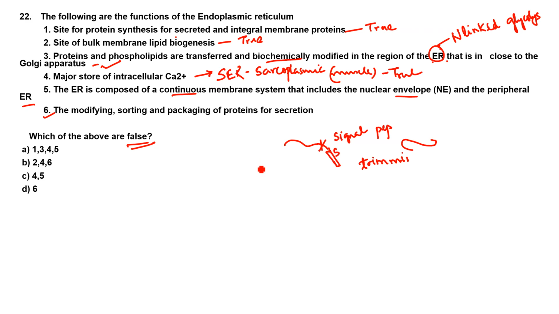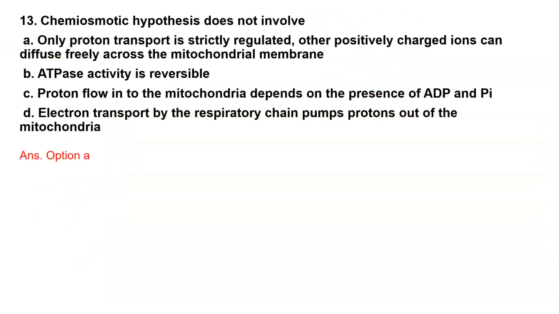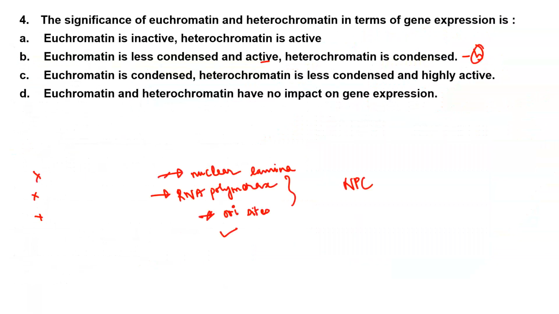There will be a few endoplasmic reticulum which will be very close to the nuclear envelope, right? And the endoplasmic reticulum extends up to the plasma membrane. So if you see this structure, I'll show you.